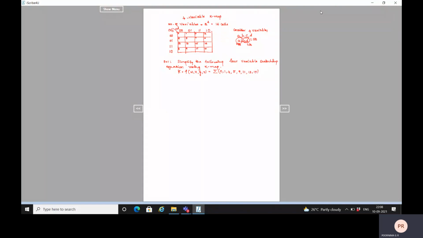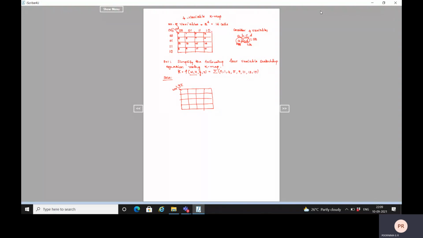To simplify such a switching equation, which is represented in decimal notation, we have to first construct the K-map. So the solution is as follows. Construct the 16-cell K-map, and assign the MSB variables to the rows and the LSB variables to the columns.